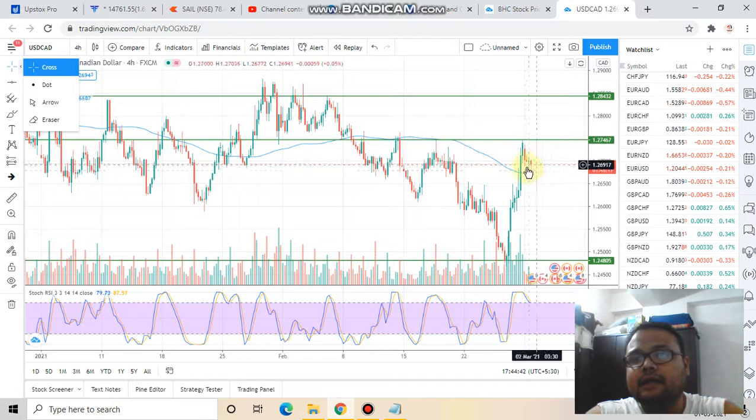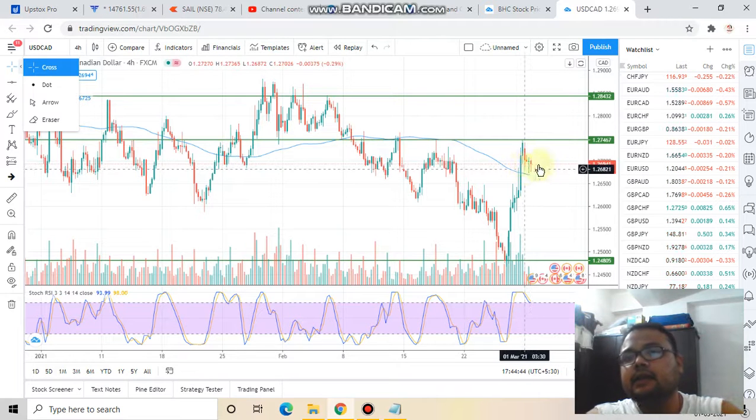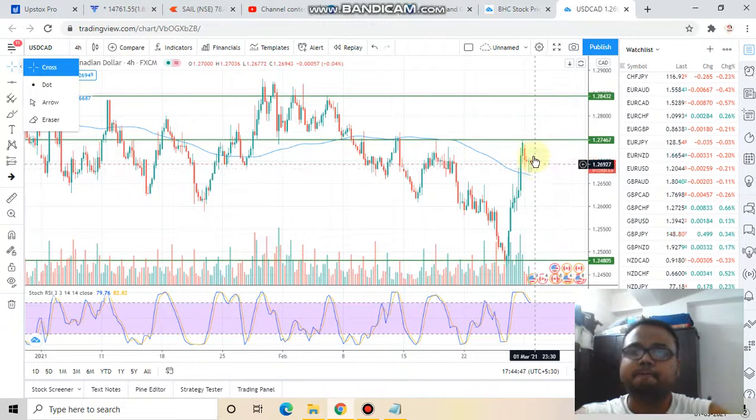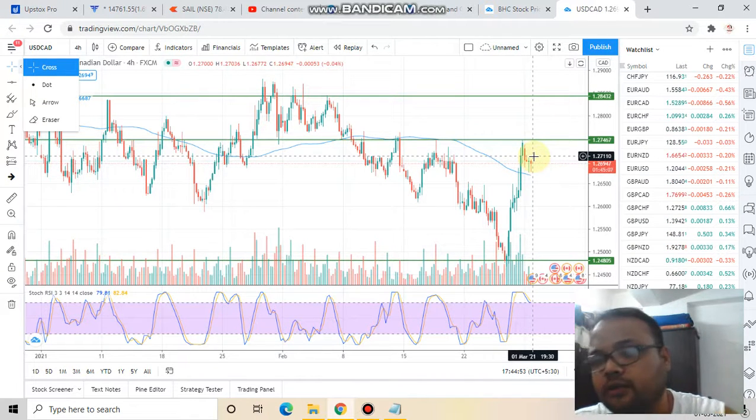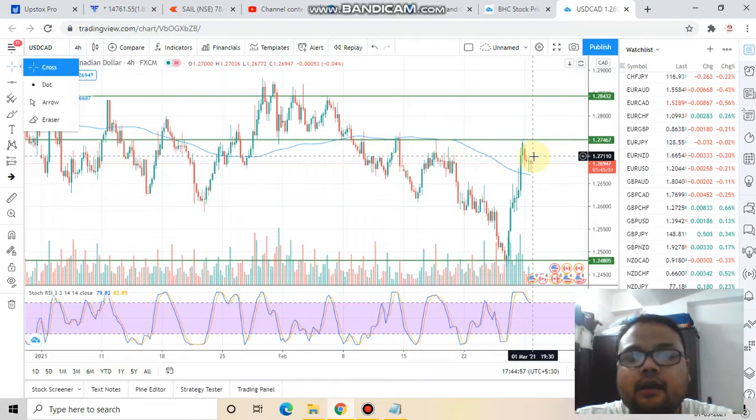You can see right now the market is showing some price rejection from below, but this is against the discipline, and we all know that there are plenty of opportunities in the market, but if you want to make money on a consistent level, then you should stick to your discipline.